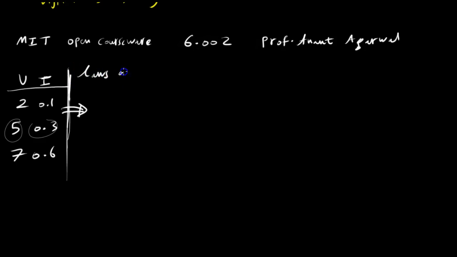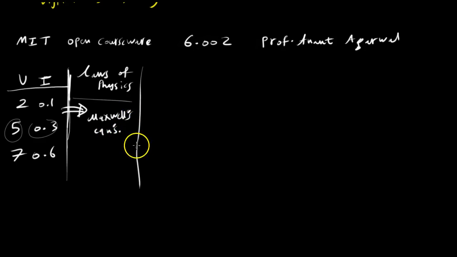Laws of physics, which for example would be Maxwell's equations, which we talked about in the previous lecture, which is just some description of reality. And another thing would be Ohm's law, which is not really a physical law, but is a good approximation that works for what we're going to be dealing with in this class.